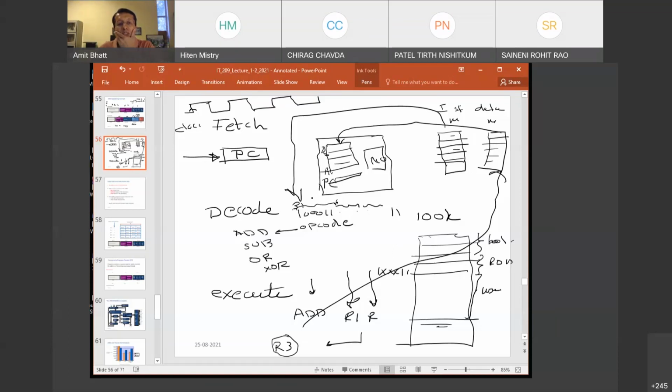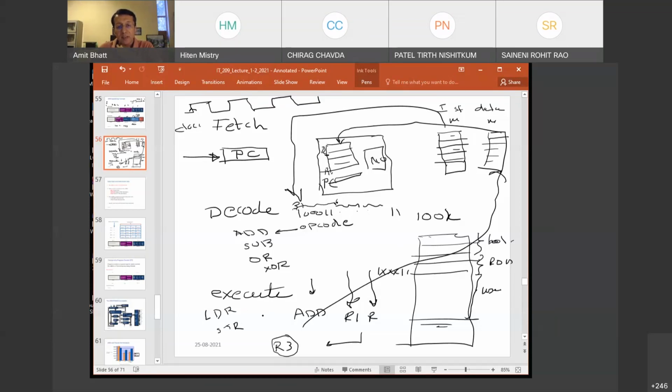Now the execute stage also takes care of load and store. For a 5-stage pipeline, as we are going to see in a very short time, memory access is a separate stage. It is not part of execute. But here, since there are only 3 stages, execute also executes instructions like load and store.